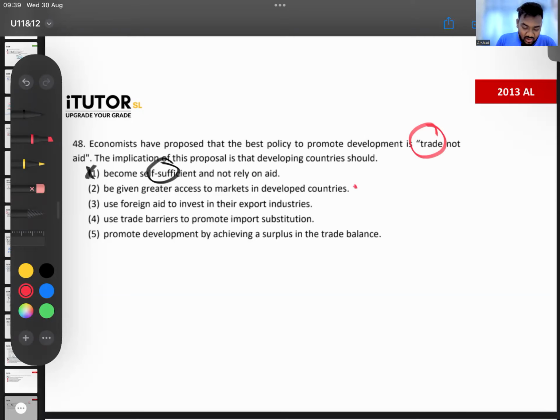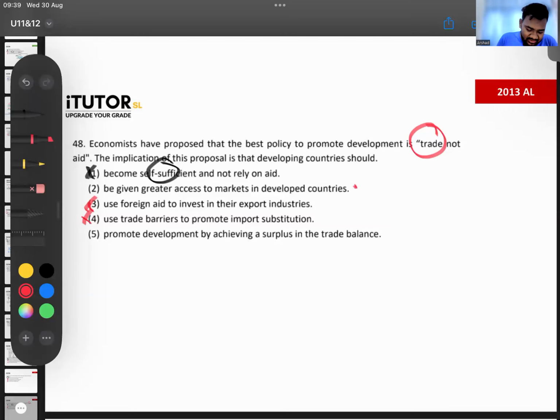No, they are saying trade, not aid. So not foreign aid. Use trade barriers. Trade barriers means you're putting protectionism and quotas and stuff. That is not the way to develop. Promote development by achieving a surplus in the trade balance. What do you think? Not really again, no. This answer is a little tricky, guys.